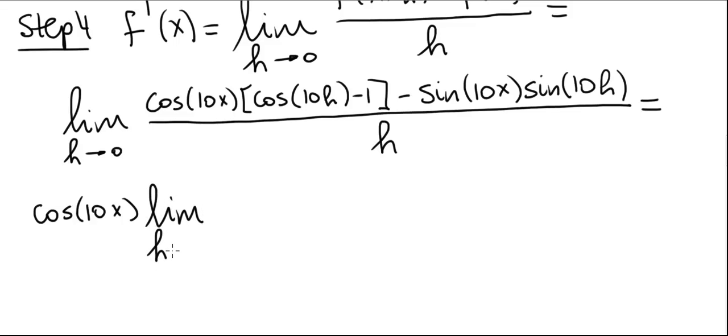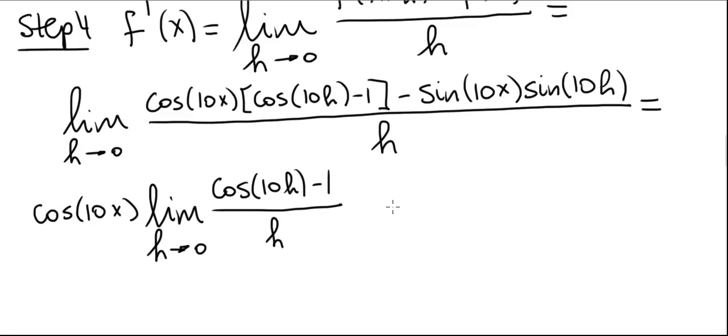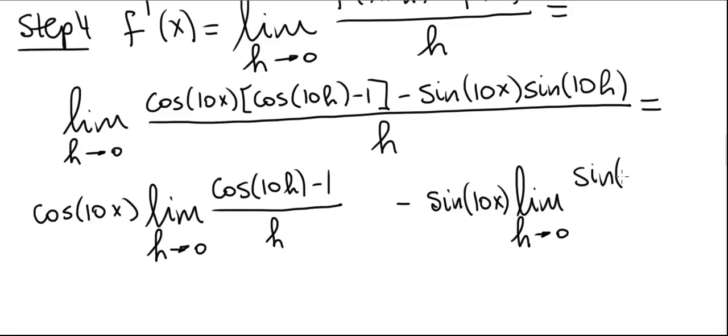So this is cosine of 10x times the limit as h goes to 0 of cosine of 10h minus 1 divided by h, and then minus, again, sine of 10x doesn't have an h, so this is sine of 10x times the limit as h approaches 0 of sine of 10h divided by h.